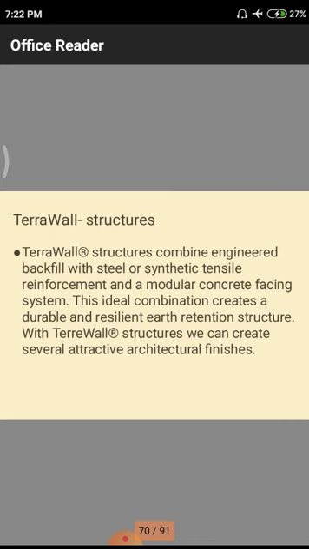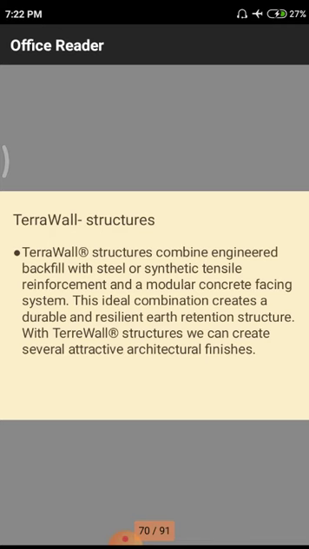responsible for taking huge quantities of loads, so whenever the structure is taking load, automatically we have to go for design, and in those design philosophies we also have to apply ultimate loads and normal loads and different things. So whenever we are constructing these terra wall structures, we have to apply our engineering knowledge for the purpose of backfill and these construction works.